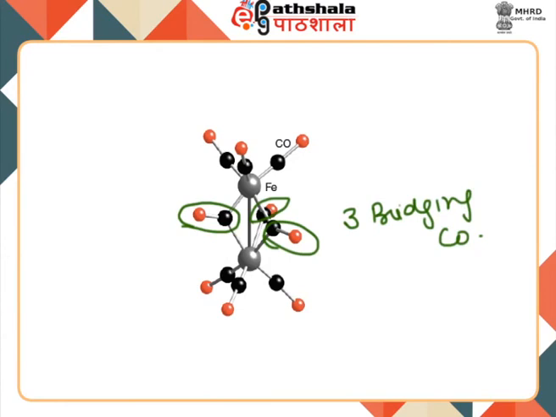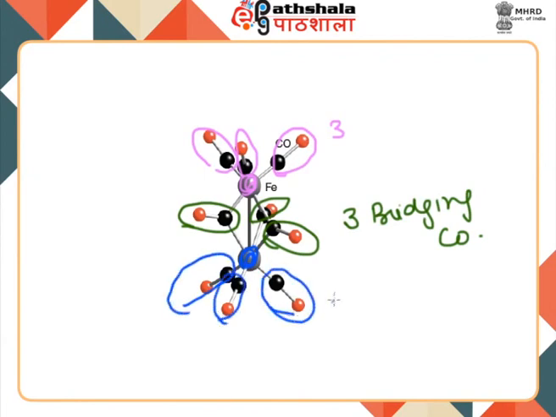And if we look at where the terminal carbonyls are on this iron, these are the 3 terminal carbonyls, 1, 2 and 3. Similarly, if we look at this iron, then these are the 3 terminal carbonyls. So there are a total of 3 and 3, 6 terminal carbonyls in this molecule.